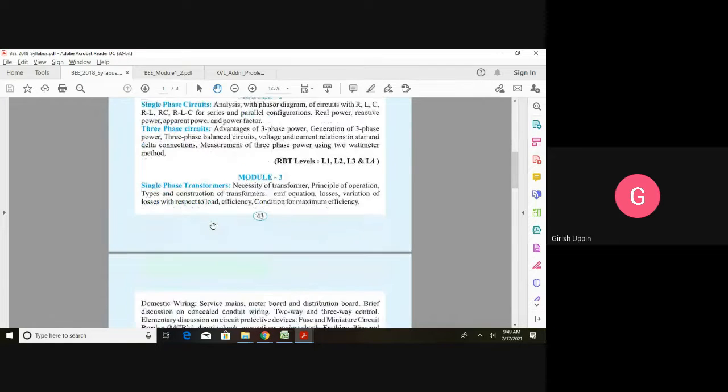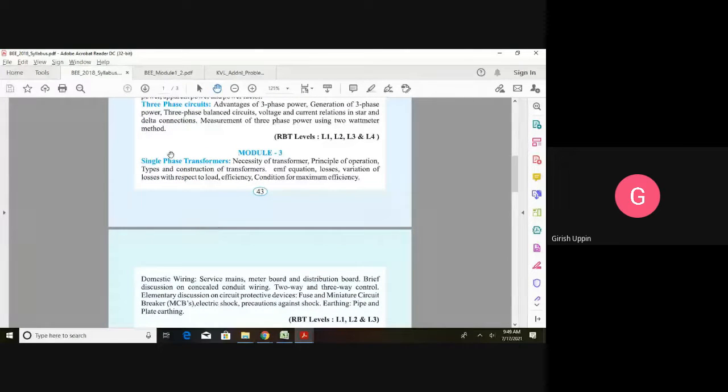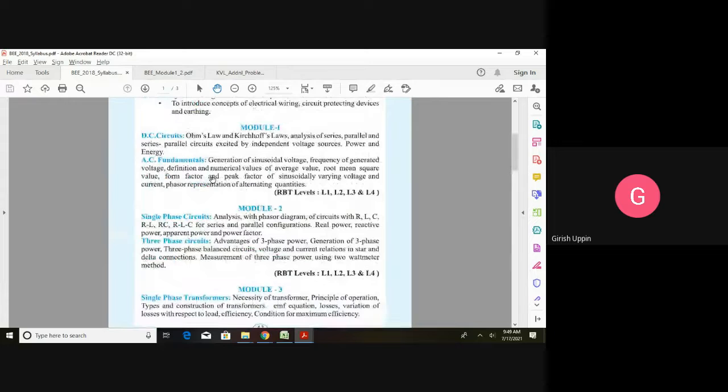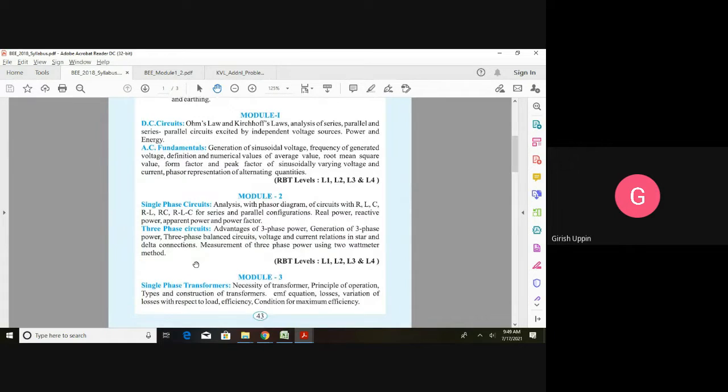And module 3, I would suggest the single phase transformer is very easy, both theory and problems are just a kind of substitution problems. Only a little bit tricky problems you might get is here. Rest all are like substitution. If you remember the equation, it is a substitution.